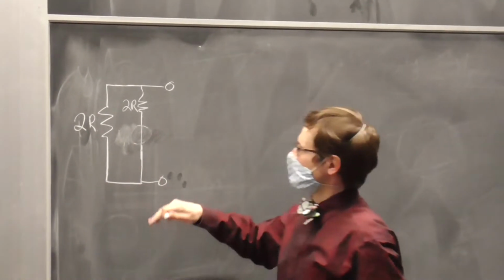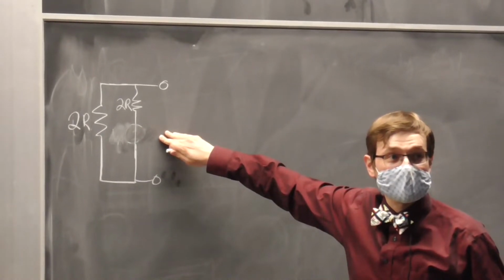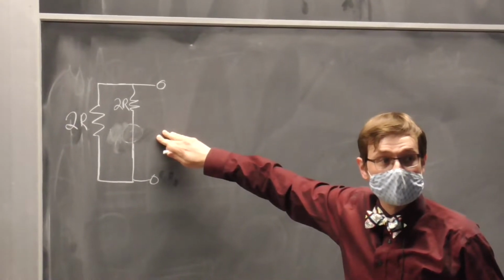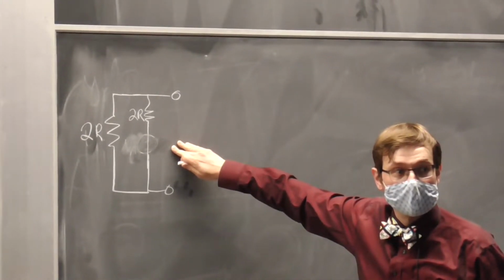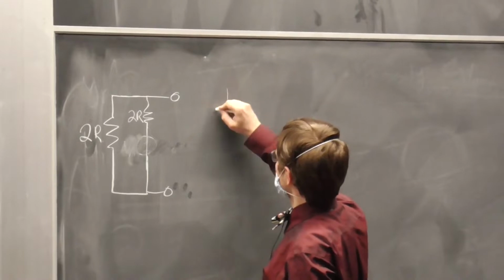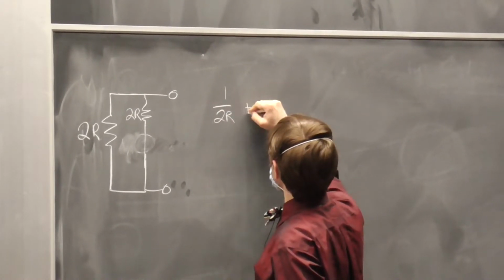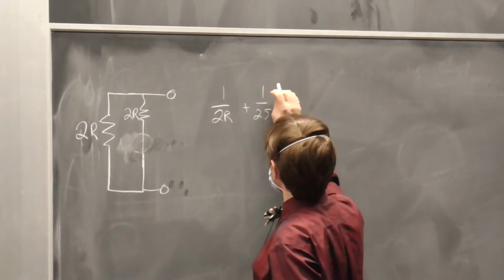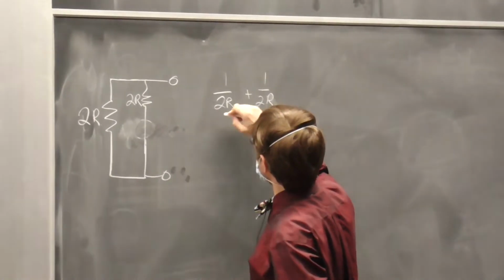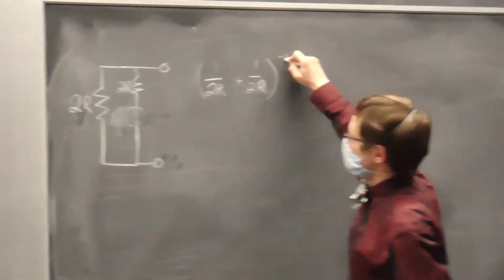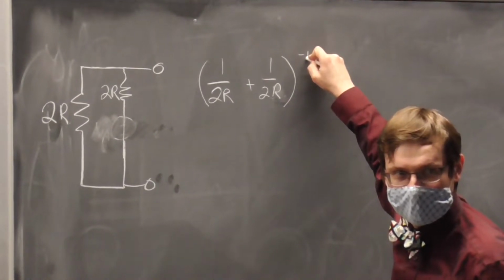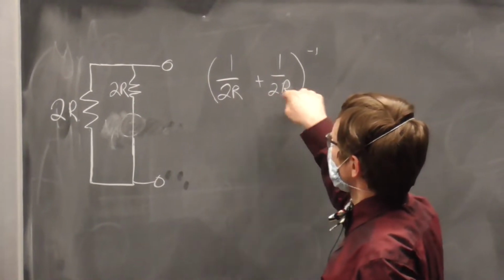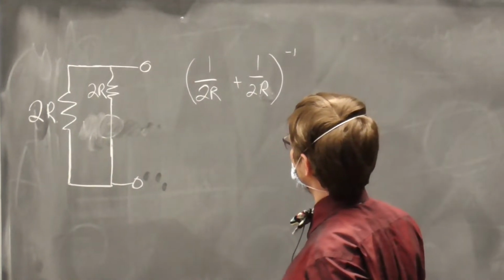What's the equivalent resistance of this circuit? So it's 1 over 2R plus 1 over 2R, inverse, right? If you were to do this out with algebra, it would be painful.